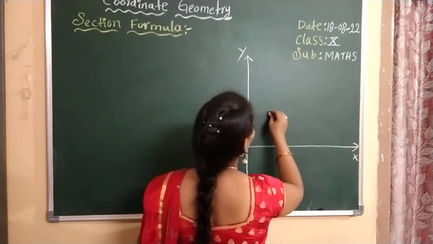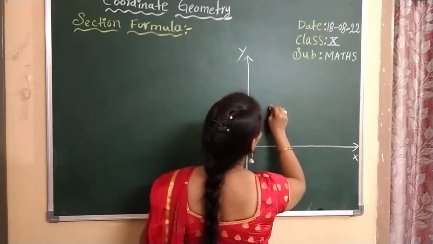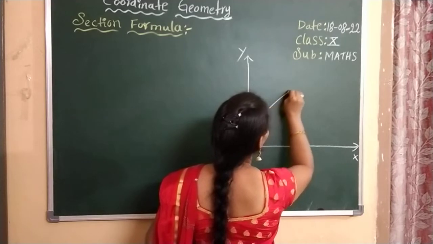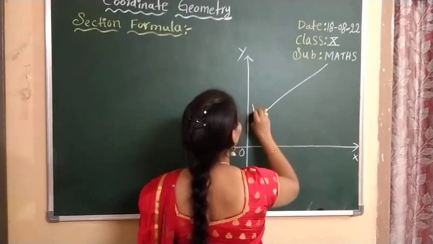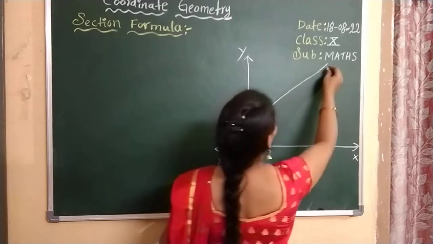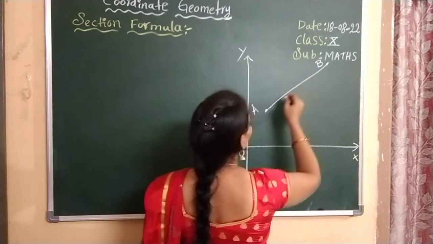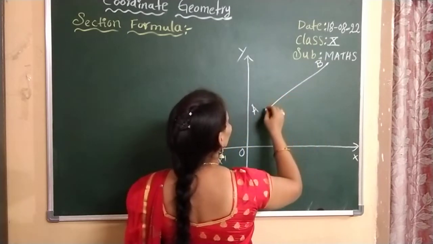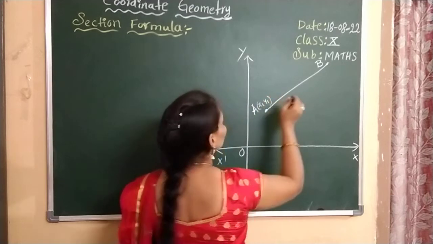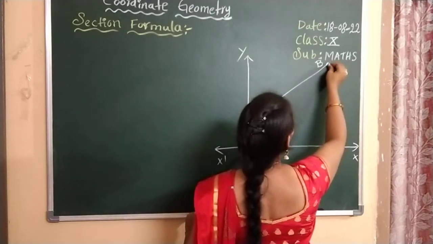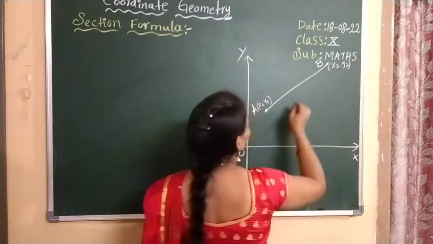I am taking one line segment, let us take AB. This is A, and let us take B. Here A is (x1, y1), B is (x2, y2).